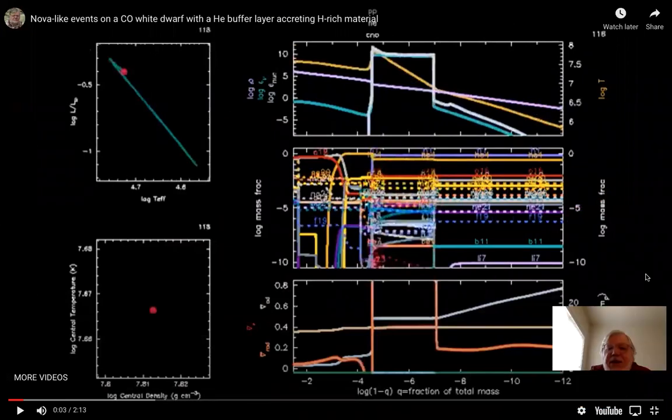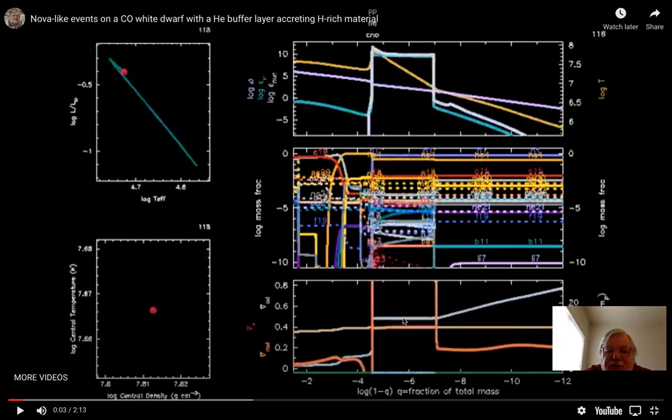Okay. So what is shown here, again, this is the Hertzsprung-Russell diagram, luminosity, effective temperature. And what's shown here, mass fractions of various isotopes, in this case, CNO, neon, sodium, and so on and so on. And what is shown here is the yellow curve, temperature, and the blue curve here, nuclear energy generation rate, okay?